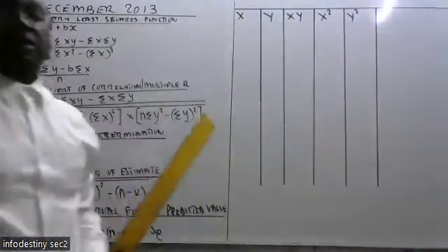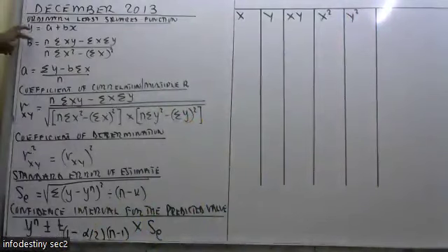At that point, we will have everything for the equation and for the coefficients, and also for the coefficient of determination.